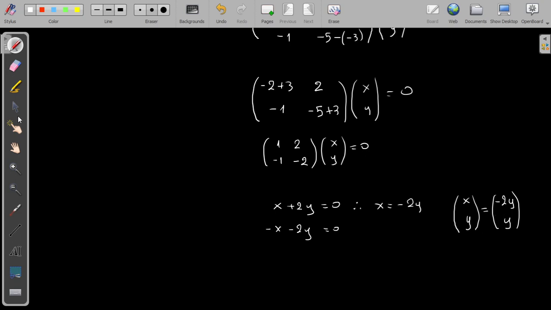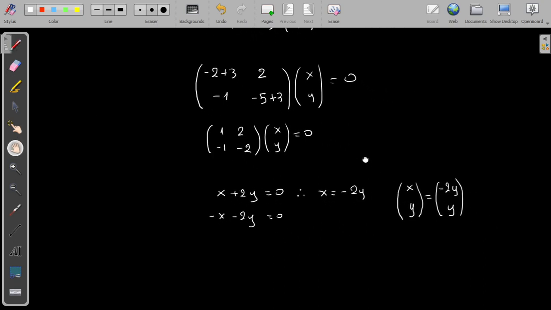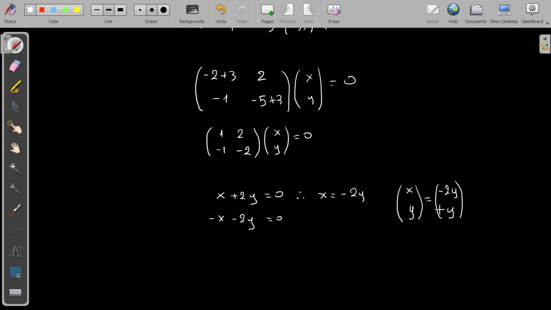Now this is a property of matrices. You have to see it, you have to know it. So now if I pull y out of this 2 by 1 matrix, inside I will have minus 2, 1.